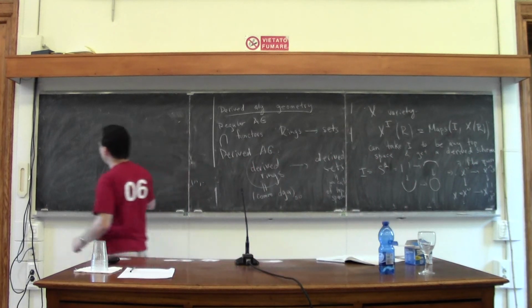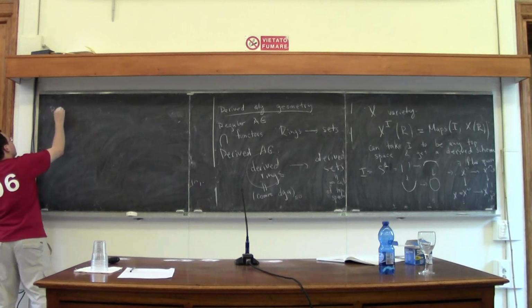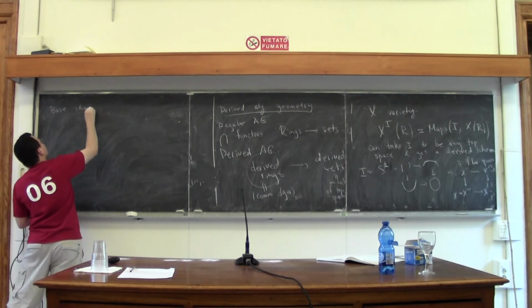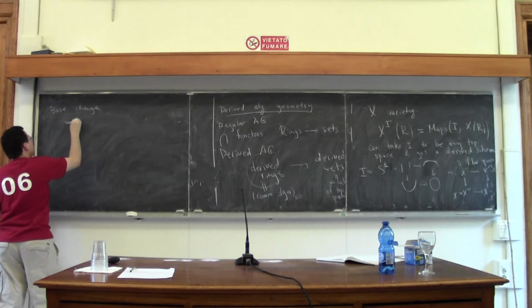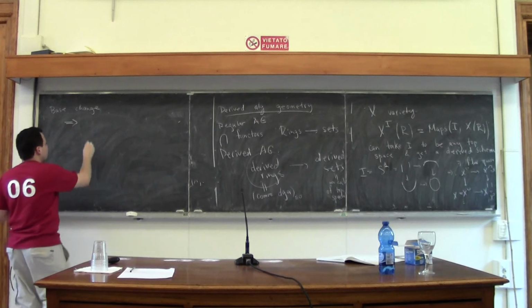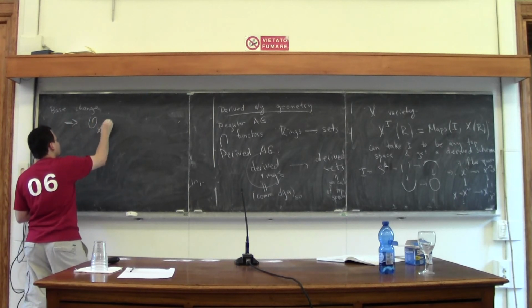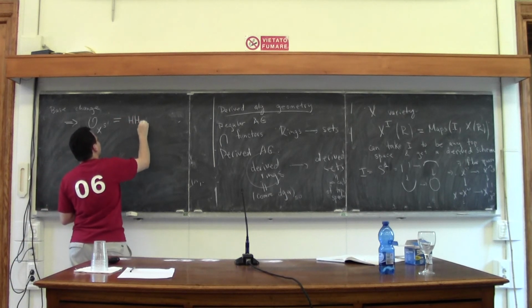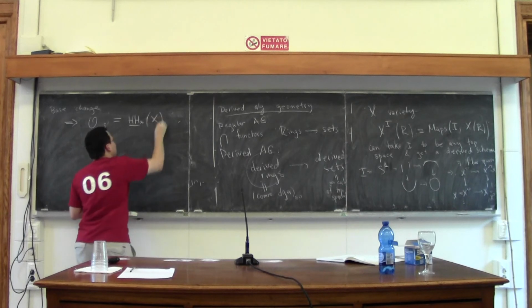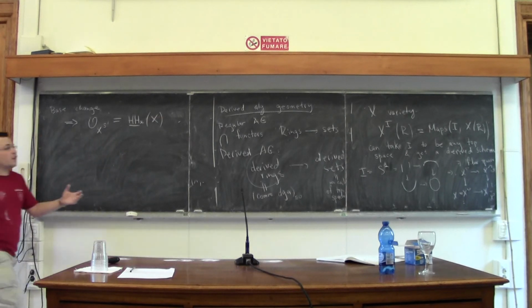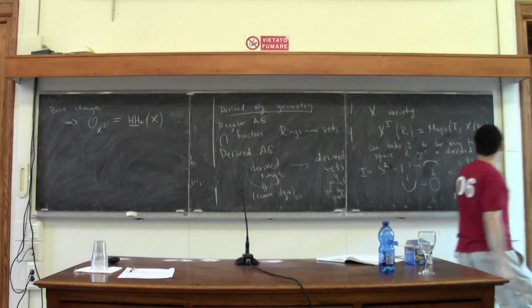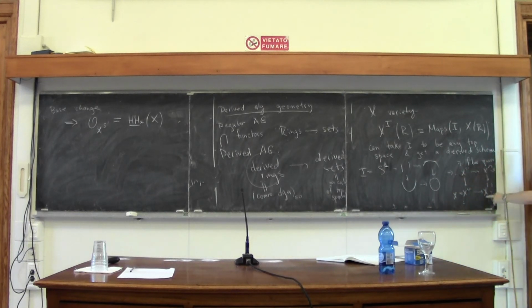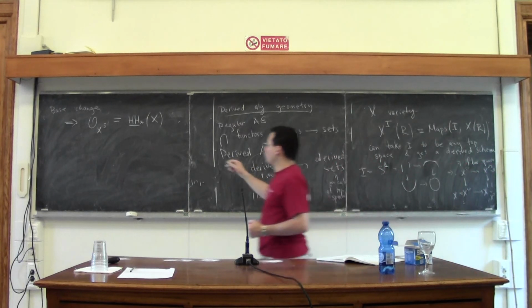And so what base change in this consideration implies is that functions on x to the S1 is exactly the Hochschild homology of x, because you take the structure sheaf of x, you push it forward along the diagonal map, and then you pull it back along the same map. And that was exactly the definition of Hochschild homology.